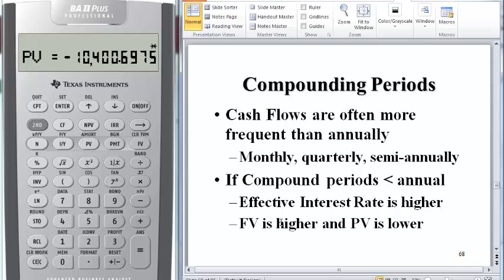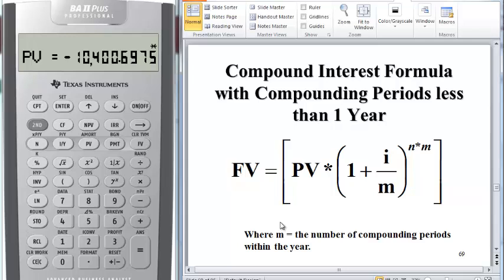So if compounding periods are less than annual, that is, there are multiple compounding periods, it's going to cause the effective interest rate to be higher, which means that the future value is higher and the present value is lower. The formula that your calculator is then going to be using is as follows.